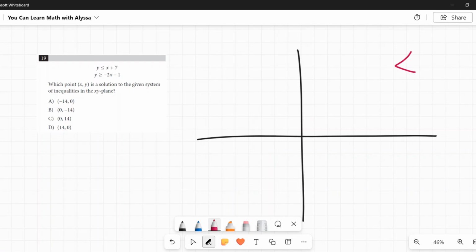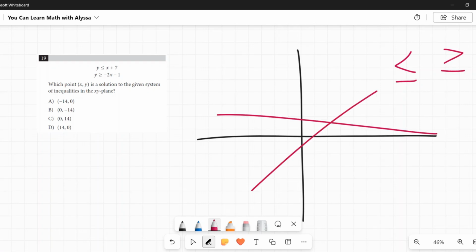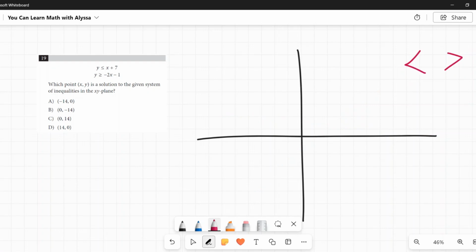When it's less than or equal to or greater than or equal to, it's going to be straight, solid lines. When it is less than or greater than, it's going to be dashed or dotted lines because it's showing that line is not part of it. It is not equal to as well. The equal to part is the line. So when you do a dashed line, it's showing the line is not part of the solution.